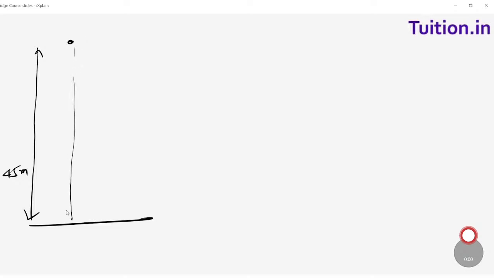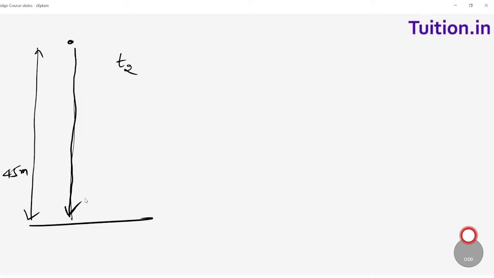So now the object is 45 meters high from the ground, and now this object has to come down by 45 meter, and I want to know how much time it will take to come down, right? So which equation will I use? Again, I know the displacement. Now the displacement will be downwards, correct?